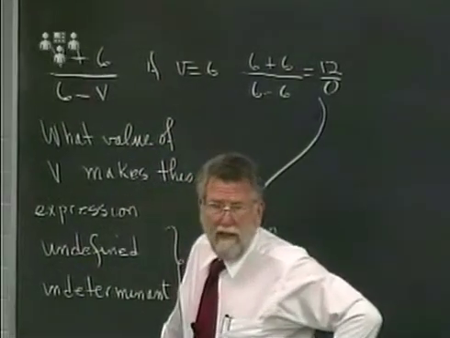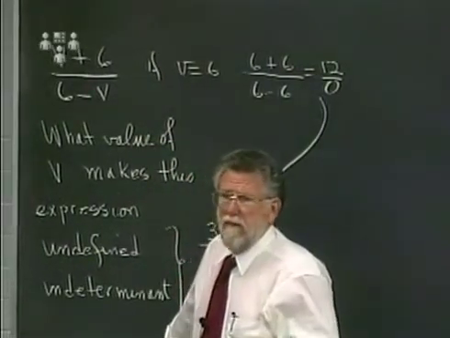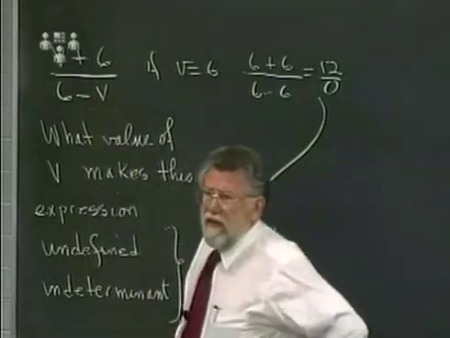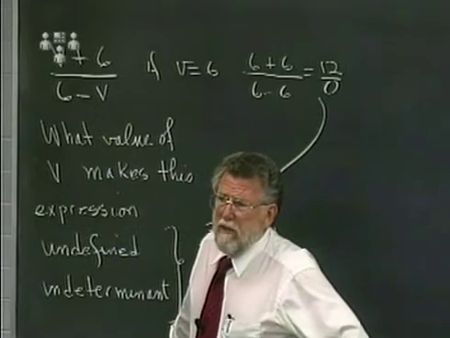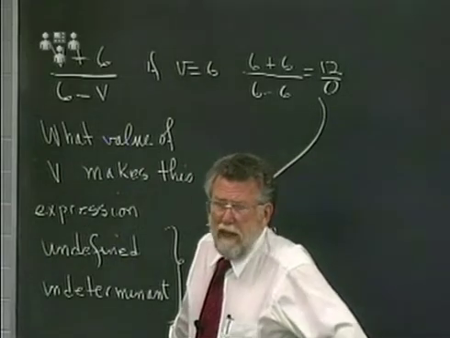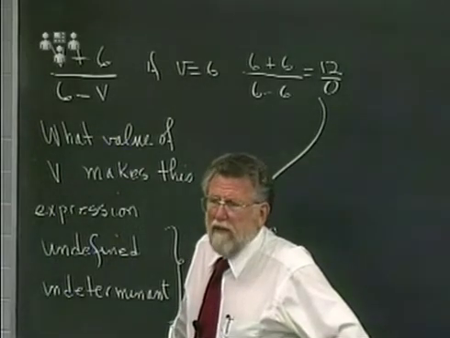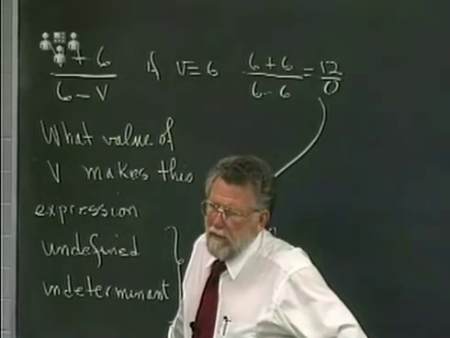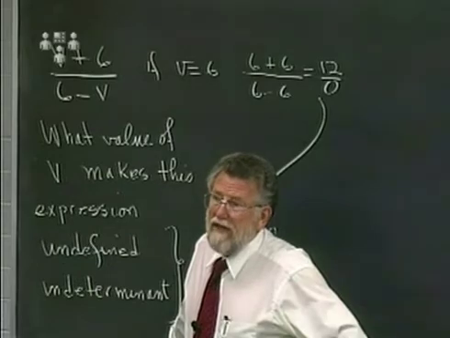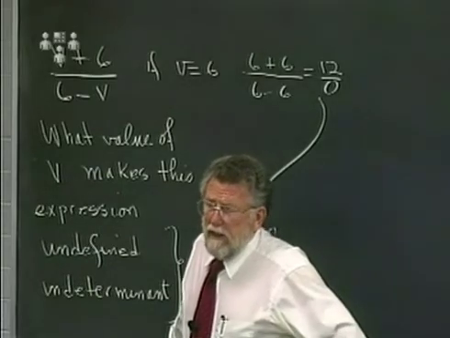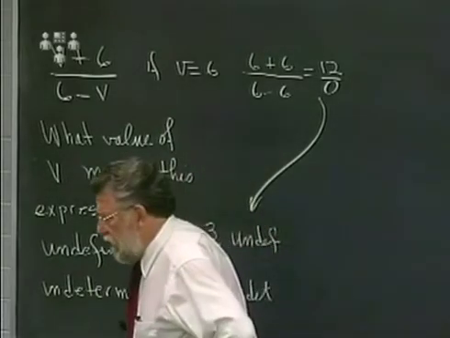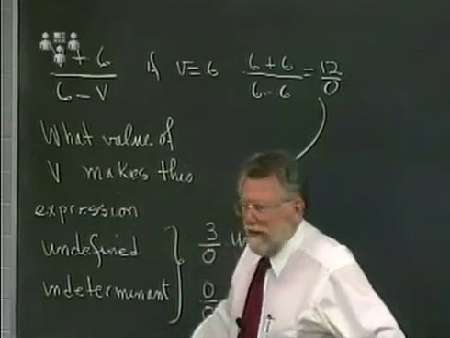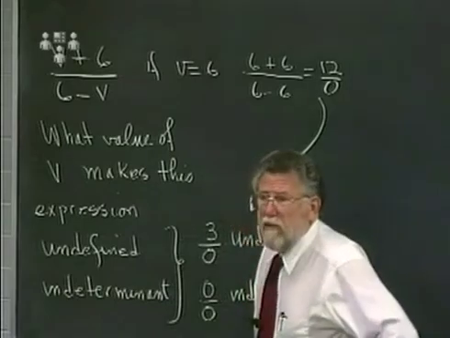So it's not necessarily a problem each of you has done, but it's of the type you should be able to do. I have a fraction, b plus 6 over 6 minus b. Now the question: what value for b makes this fraction undefined? I mentioned to you yesterday that we have some things we can't do.